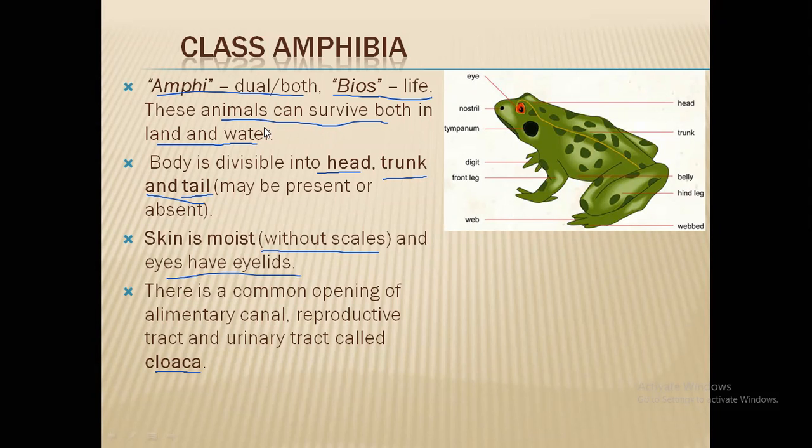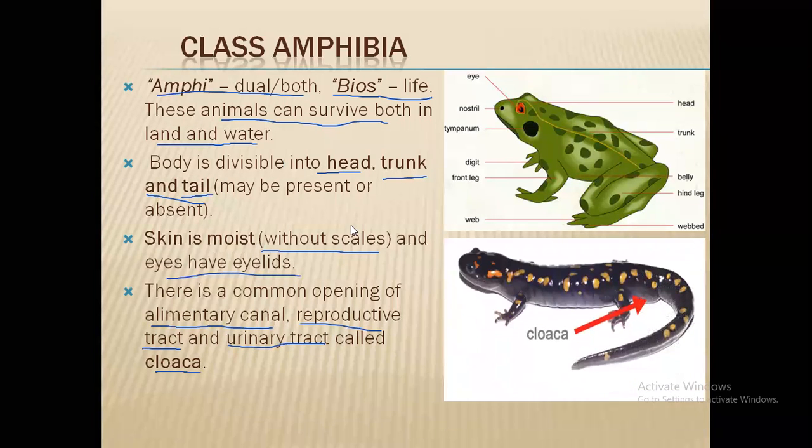But in this case you'll find that they have only a single opening. So the three different organ systems, that is your alimentary canal, reproductive system, and the urinary system, have a single opening called cloaca. Now this cloaca is generally present at the point where the tail starts.